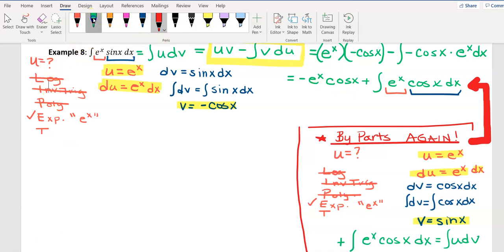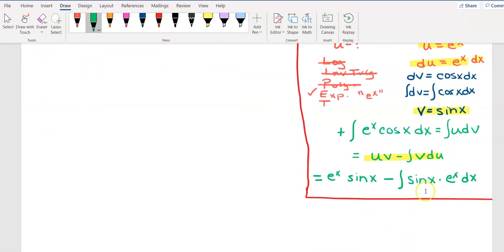So what we have is the front piece still. So that is equal to e to the x. Whoops, sorry, it's negative e to the x. Don't want to forget that negative. So negative e to the x cosine x plus, and then this whole integral's answer is way down here.